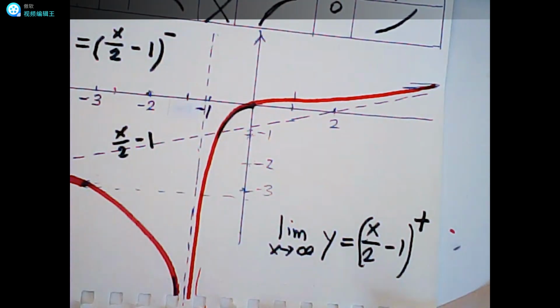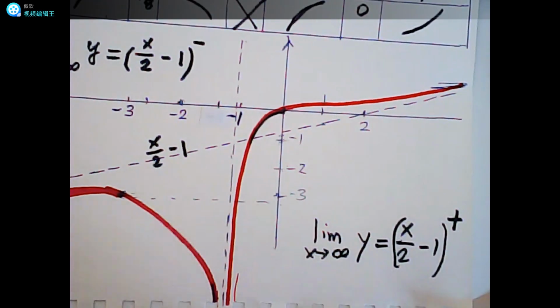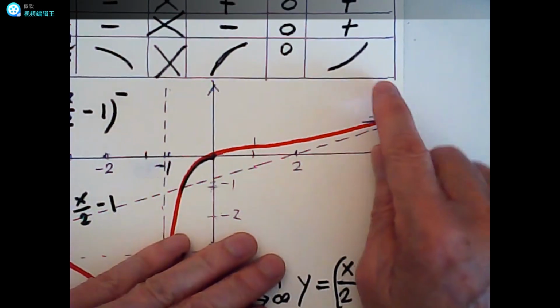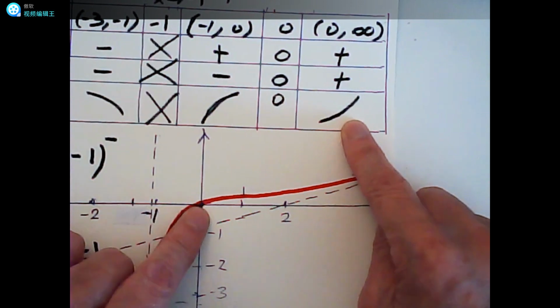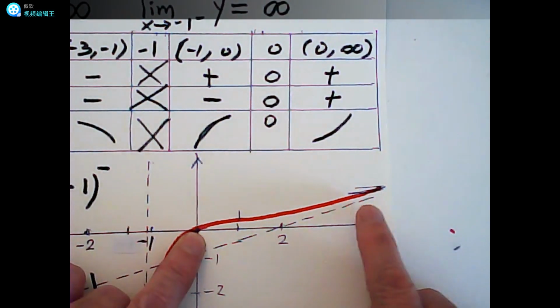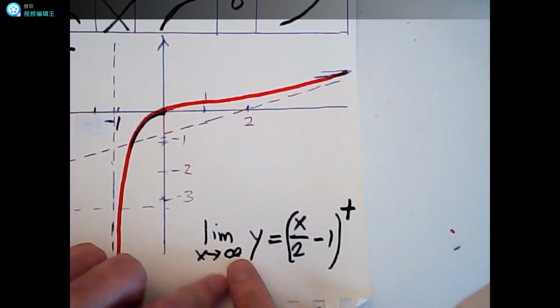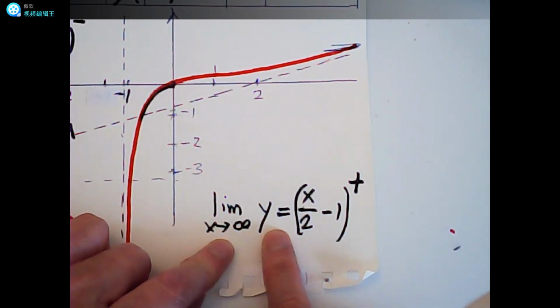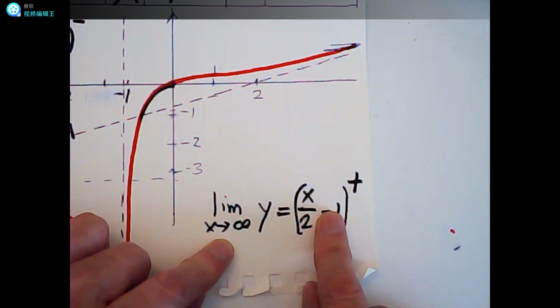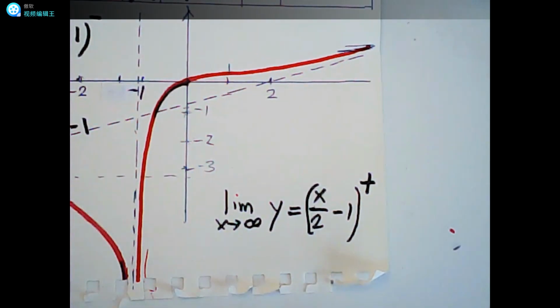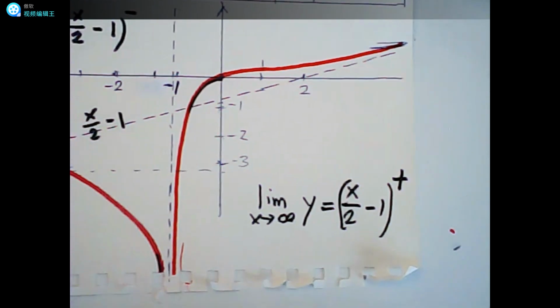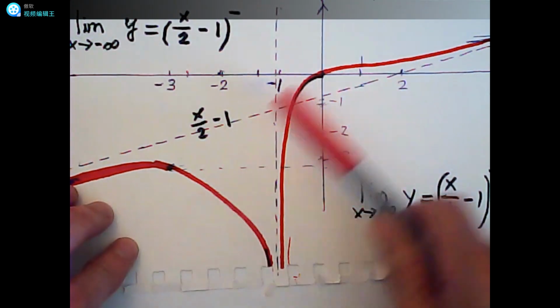Wow, it's a beautiful line. Let me repeat again. This is the shape from 0 onward, and this is the asymptote, the oblique asymptote. When x is very large, y is approaching this number from above. So this will be the overall picture.